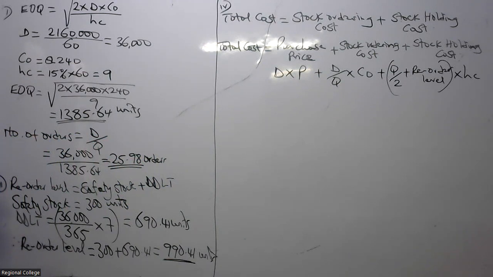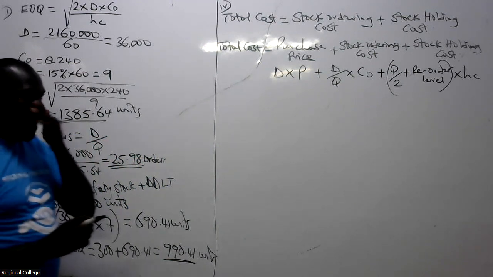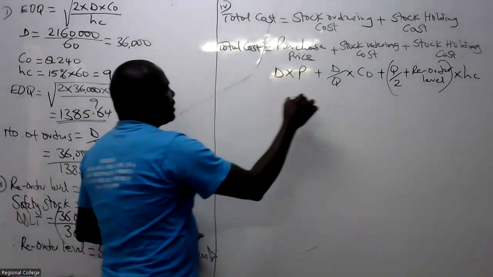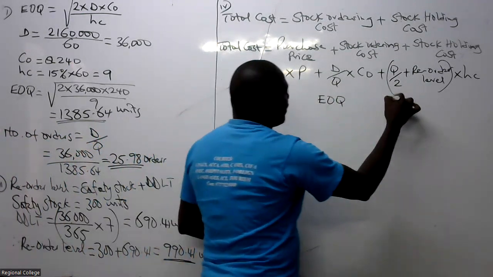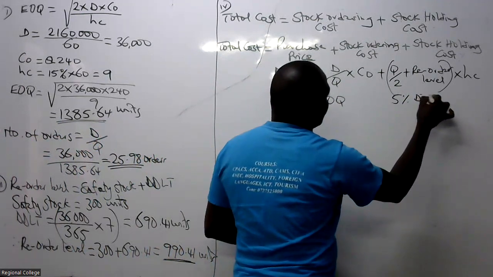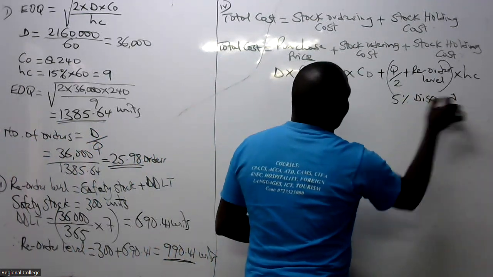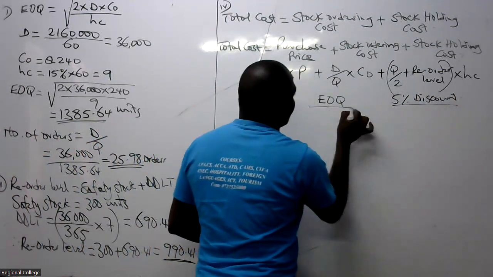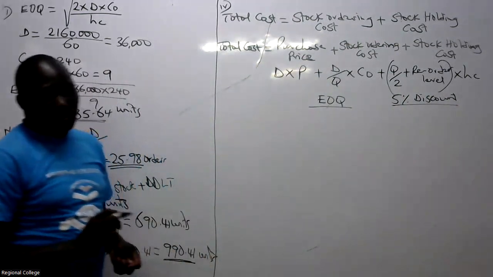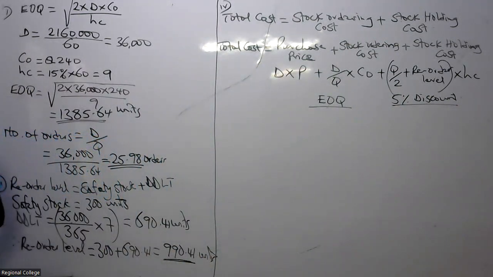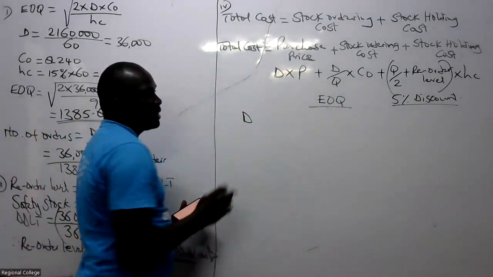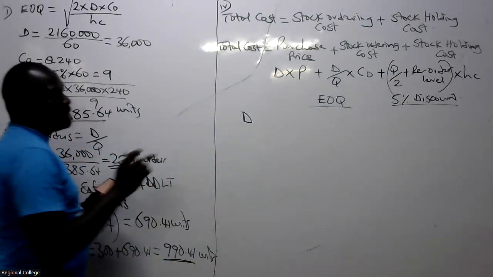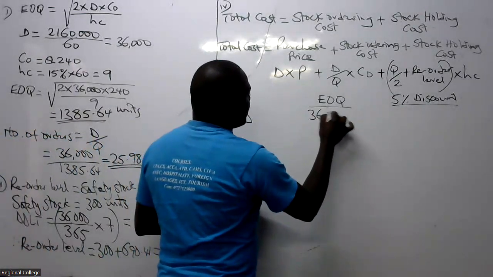So the structures of components under EOQ and under 5% discount. Let's look for all those variables. How much is our D? D does not change here. That's 36,000.